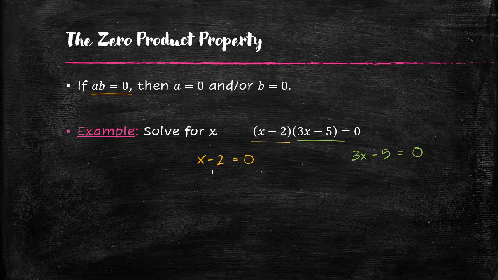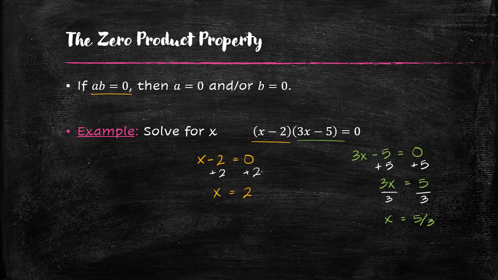On the one hand, I just need to add 2 to both sides, and I end up with x is equal to 2. That is one of my solutions. There is, of course, another. If we look at our second case, I need to add 5 to both sides, and I'll end up with 3x is equal to 5. So I do still need to divide both sides by 3, and I'll find that my second solution is x is equal to 5/3.